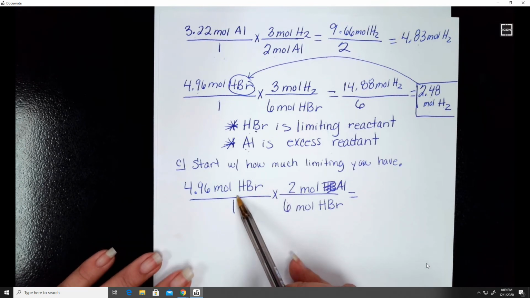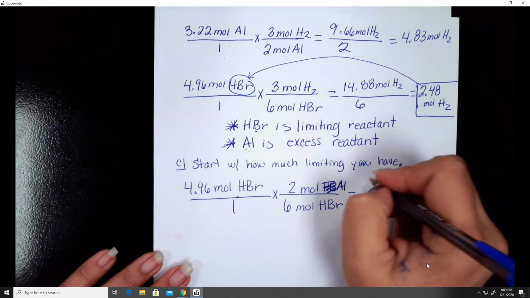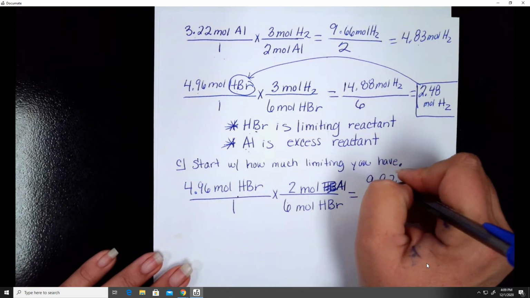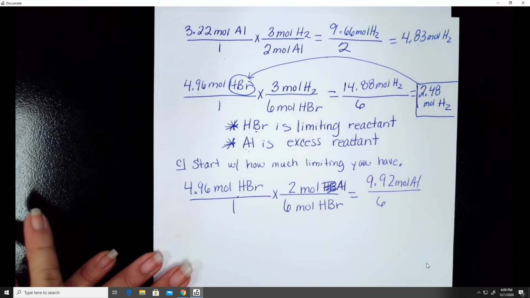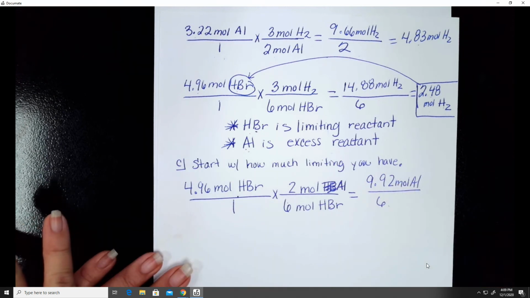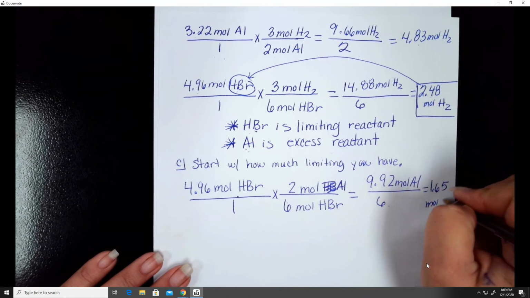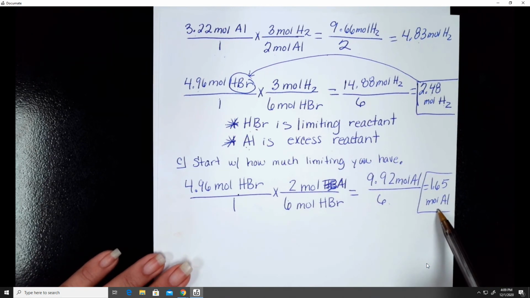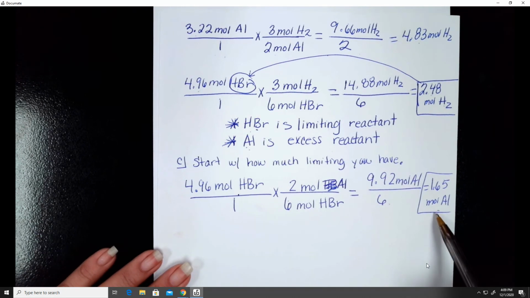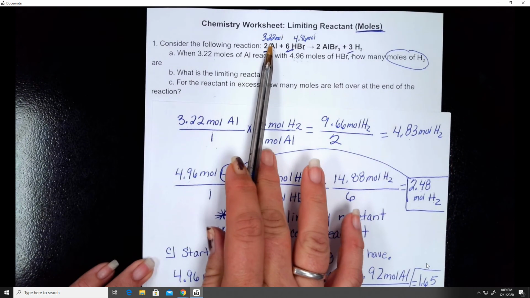All right, so we're going to multiply through. So we have 4.96 times 2. 1 times 6. And then our top divided by the bottom, and we end up with 1.65 moles of aluminum. So this is how much aluminum I'm actually going to use for my problem. In my problem, we learn that I have 3.22.